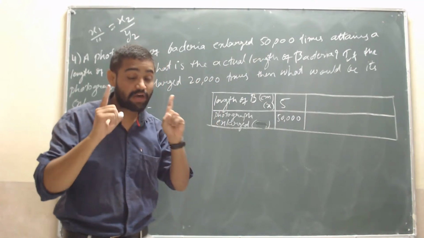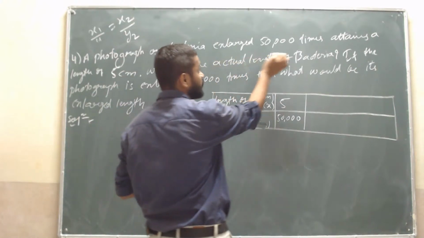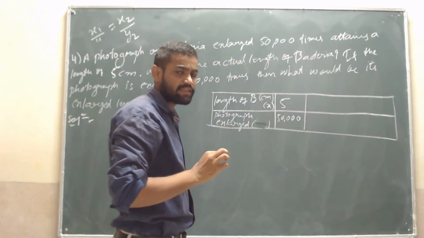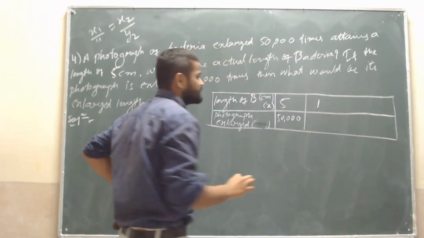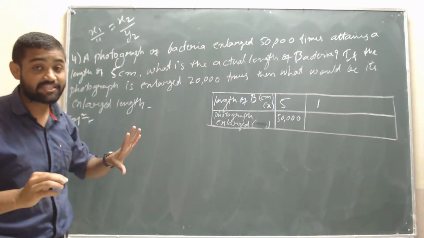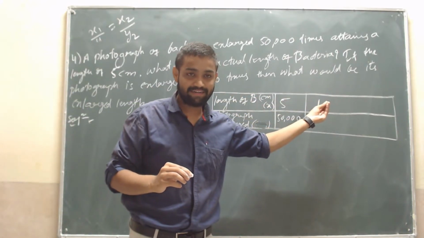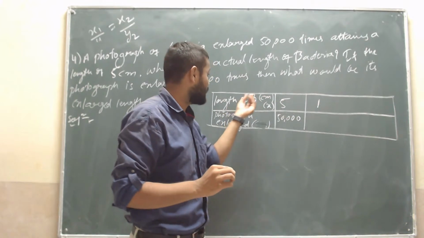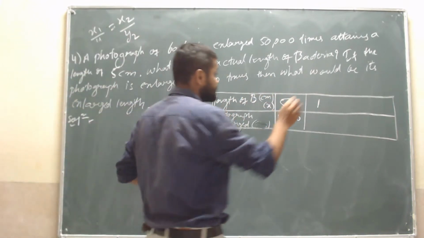Then concentrate. What do we have to find out here? What is the actual length of bacteria? Consider that we don't know the actual size, that's why we will put 1. The photograph enlarged is 1, like that.